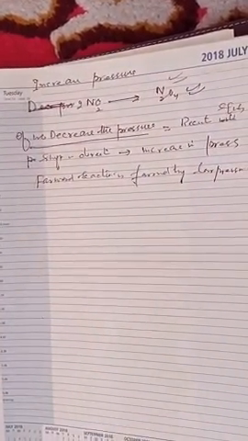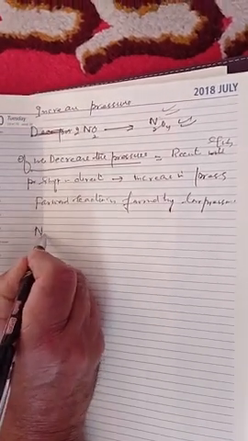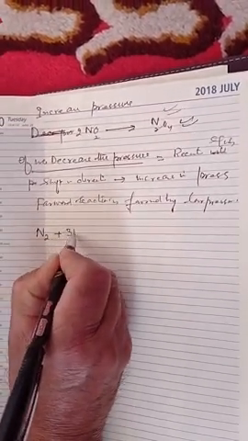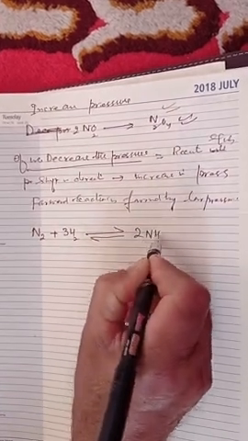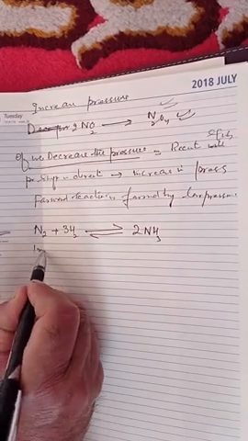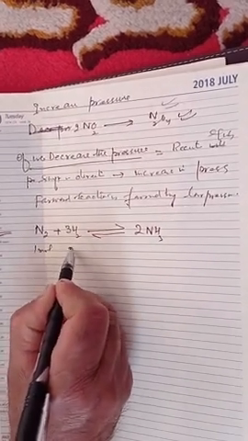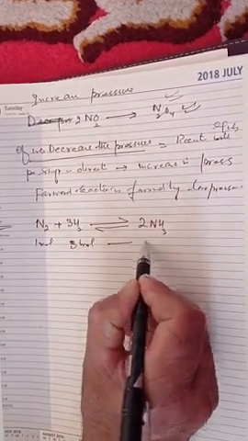Again, if I explain another example, let us take N2 plus thrice H2 gives twice NH3, the formation of ammonia. This is another reaction. So here 1 mole of nitrogen and 3 moles of hydrogen give 2 moles of ammonia.